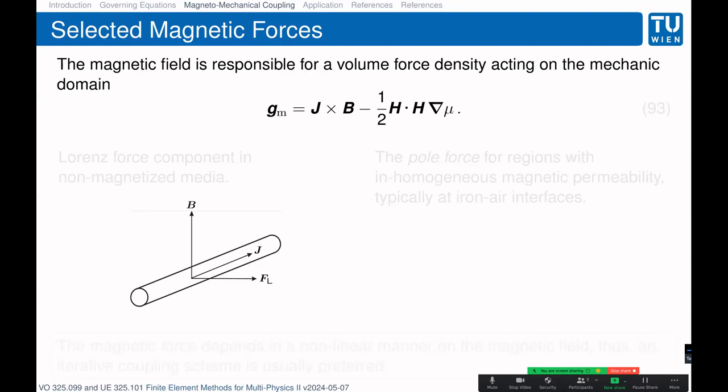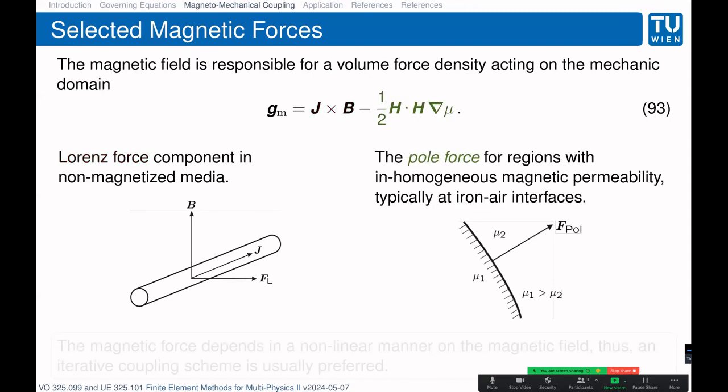So you have here the standard Lorentz force. The J can be either impressed or an eddy current. So this gives you a force density, the Lorentz force density. And this term here actually gives you the so-called pole force that only acts in regions where we have permeability jumps. So if you have a spatially varying permeability, typically that's not what we use in finite elements.